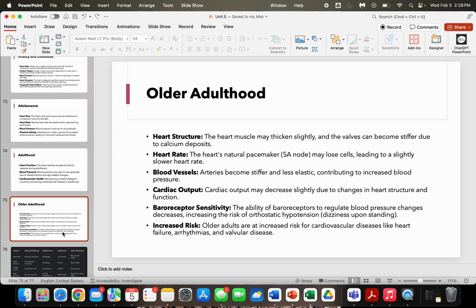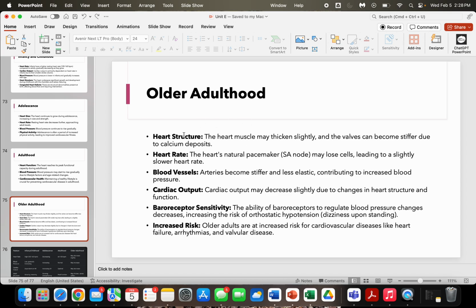Older adults, okay. Our structures, this is the biggest piece of this objective. Structure, so if you think about somebody who's been alive for 80 years and their heart has pumped for 80 years, the muscles pumped for 80 years. We know if we work a muscle, it has the ability to enlarge, right? So older people, typically their muscle may thicken, the valves become stiffer.